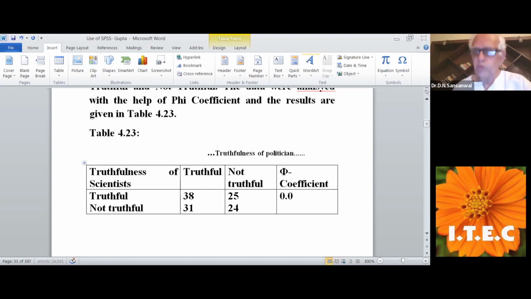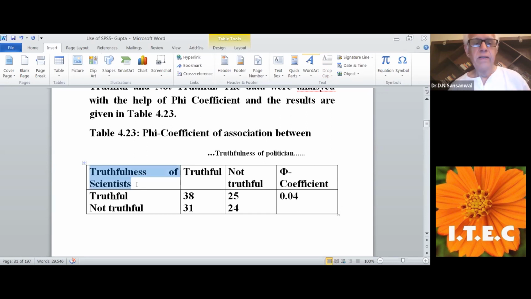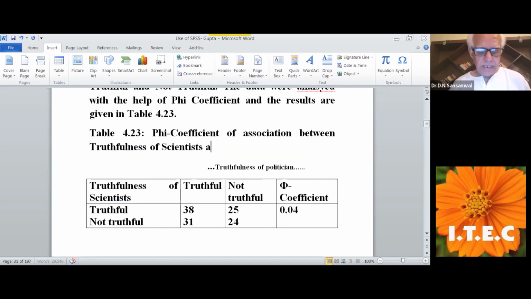And this is 0.04. So the phi coefficient of association between truthfulness of scientist and politician.